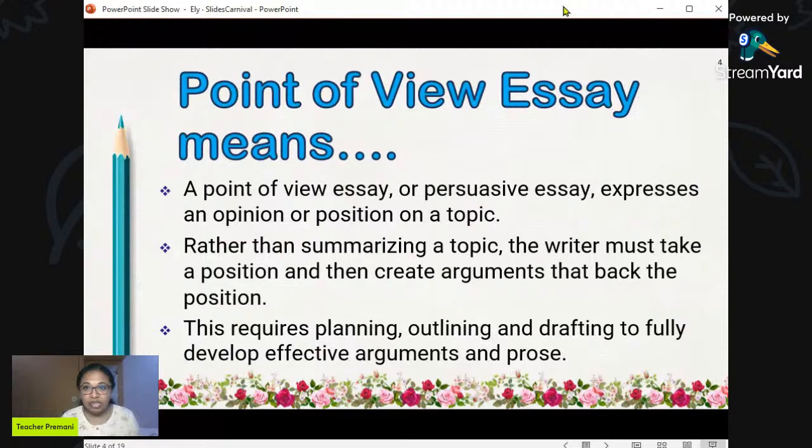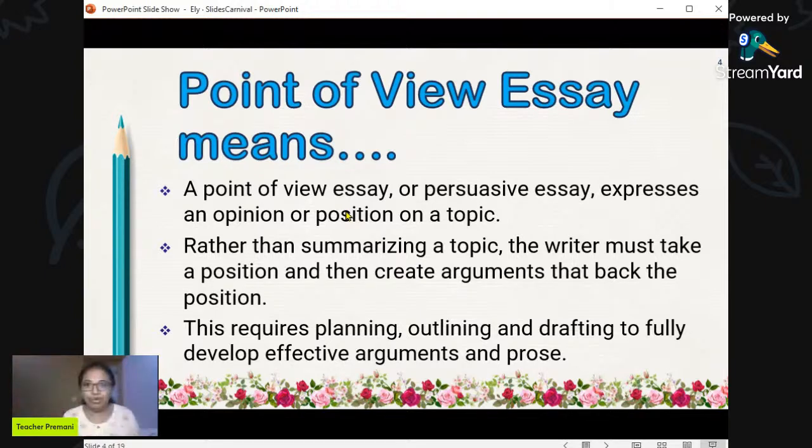I would like to explain the meaning of exactly what a point of view essay is. Part 2 is more of a point of view essay, which is also called a persuasive essay. It means you put forward your argument, your points, your facts, so that when people read your essay, they will kind of agree with you.